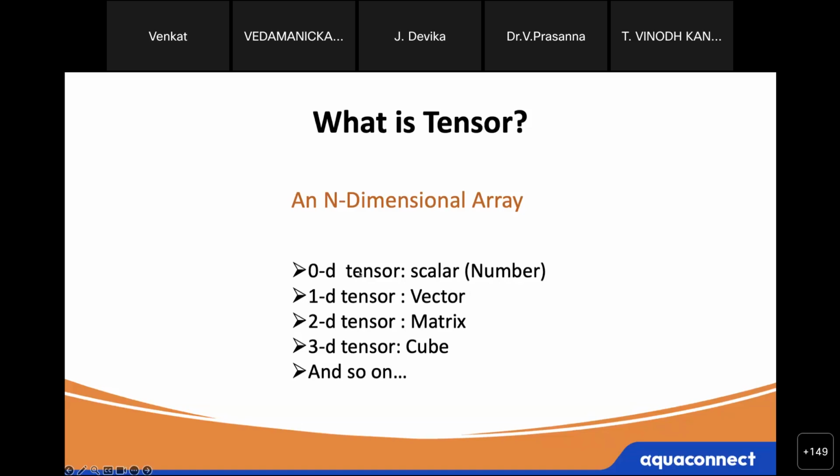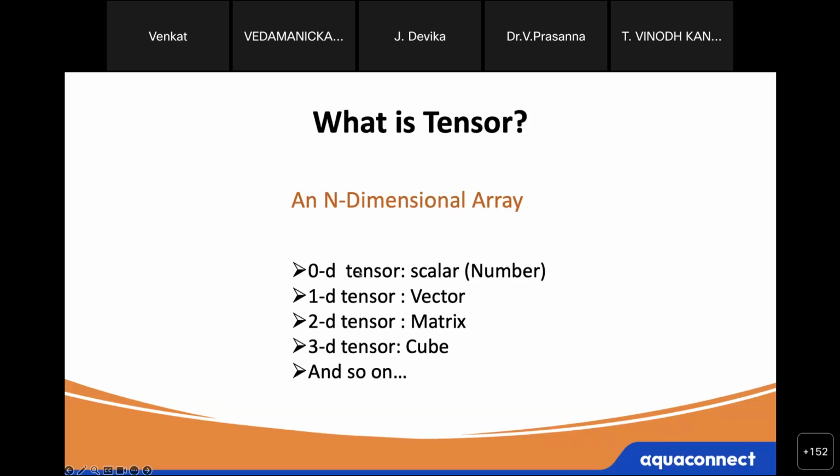Right. So let's try to visualize this with a real world example. Imagine a colored image, right? A colored image can be represented as a 3D tensor. An image typically consists of three colors, right? Red, green, blue. So if we have an image with 200 by 200 pixels, this would be represented as a 3D tensor with the dimensions of 200 width and 200 height and three color channels, right?